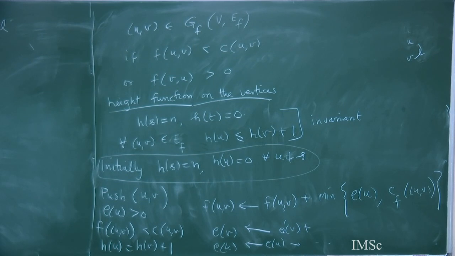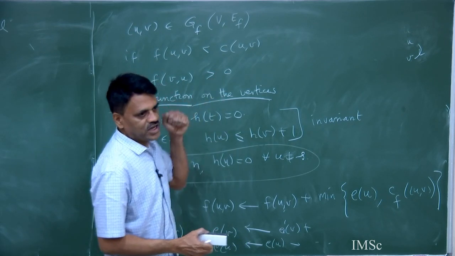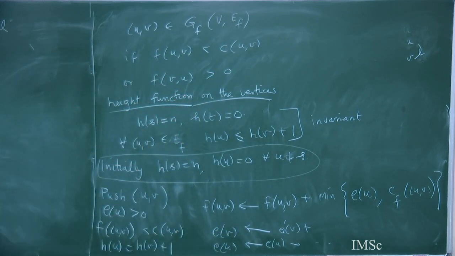I have excess, and for all uv in the residual network, the height of u is less than or equal to the height of v. I know that it's at most the height of v plus 1, but nothing is at one level above. They are all at the same level or below. So, I can't push anything.